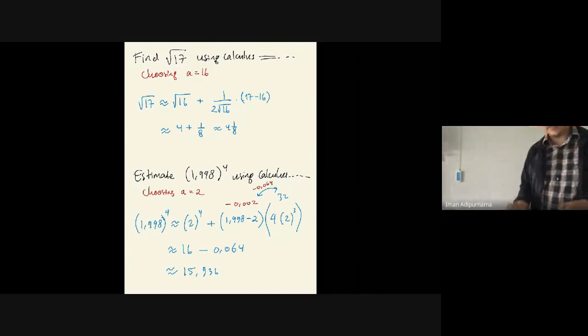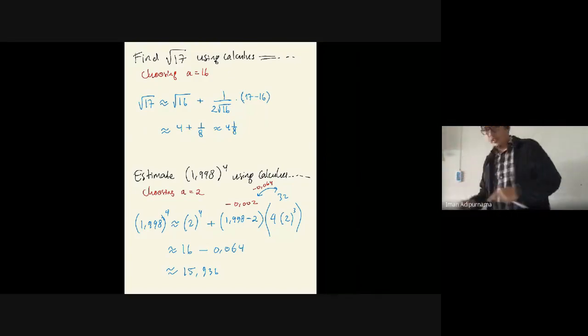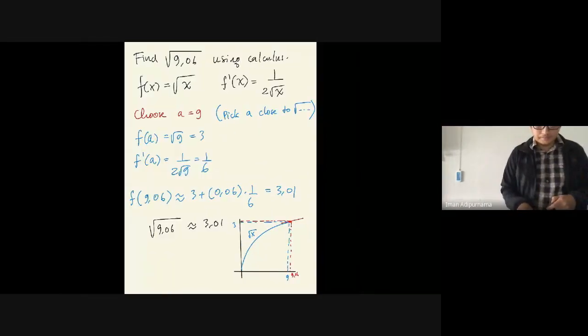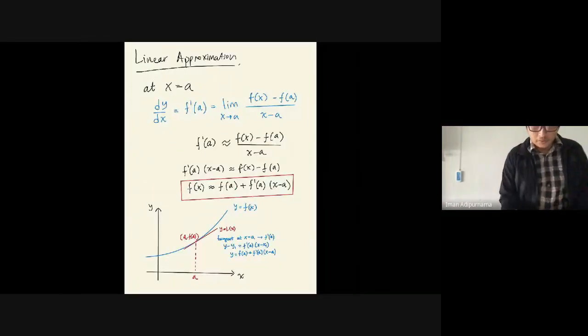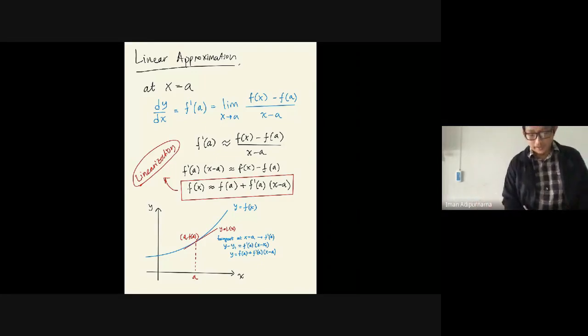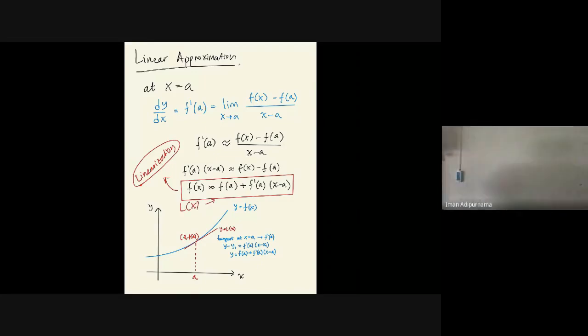By the way, if the question asks for the linearization, this is just a name. This is called the linearization. Sometimes you write L(x) equals that at the point. This is just the term.